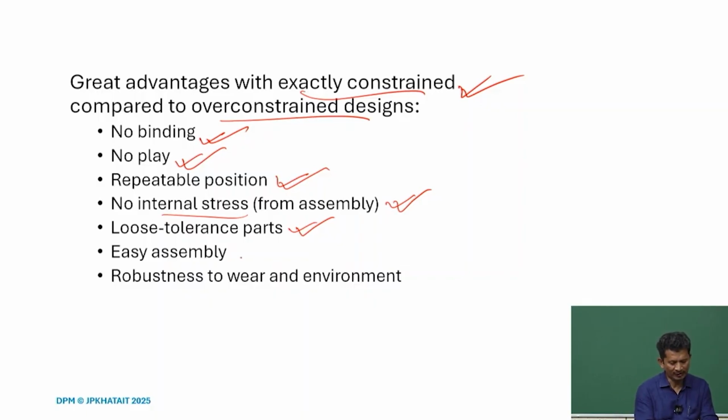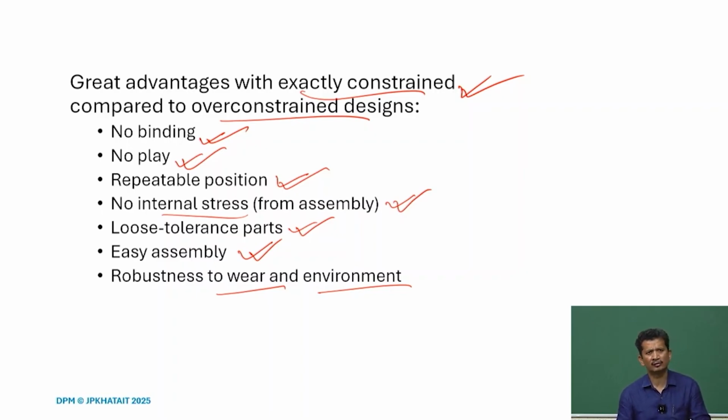The assembly will be easier because we know the sequence, how it's getting locked first and then how things will be placed. We do not have to look from both ends. And of course, since it's deterministic, we can easily calculate the loading if there is any axial load, where it's going and to what extent.